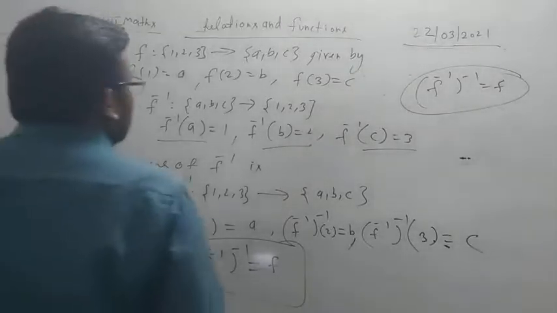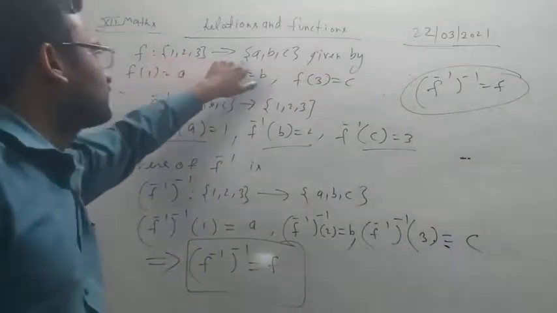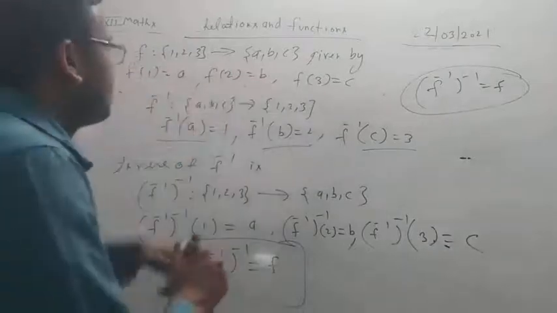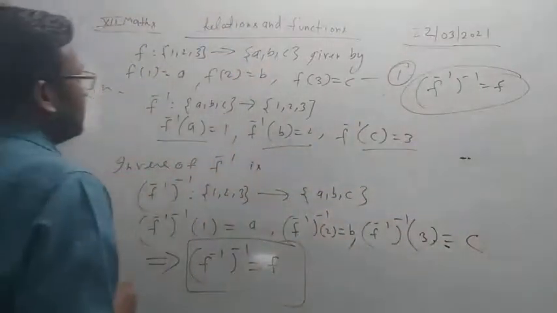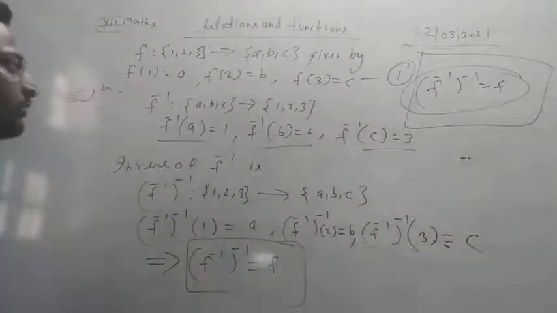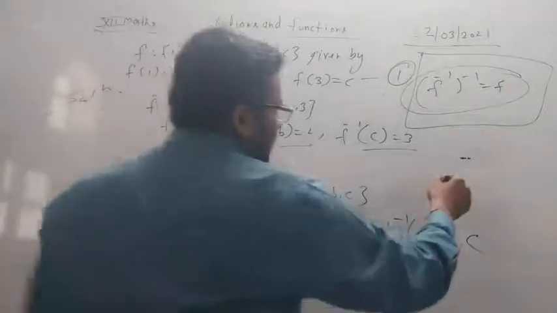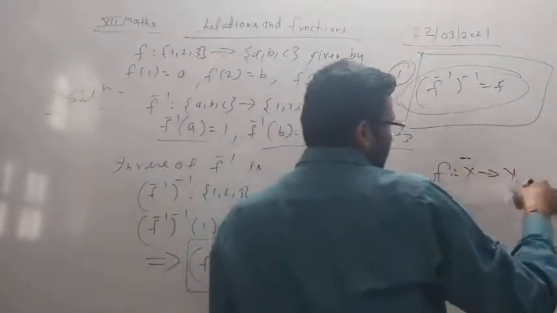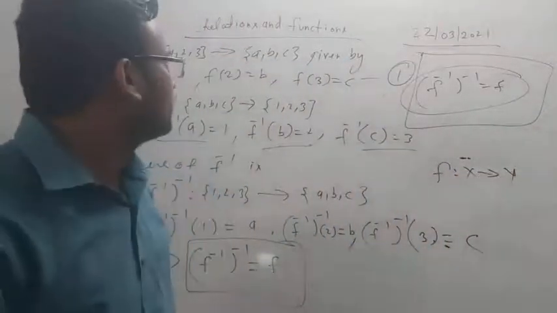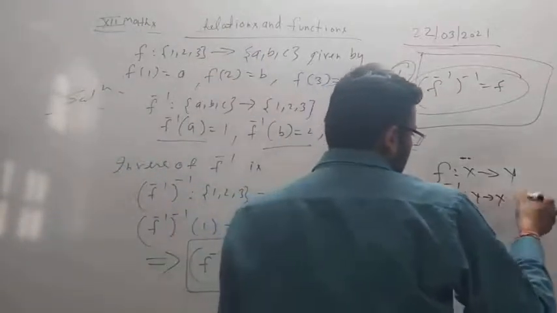Students, our f from {1, 2, 3} to {A, B, C} given by this is our first equation. And students, we are saying that we have to find f inverse and prove this part. So students, you know, if a function f from x to y is given, then its inverse will be f inverse from y to x.